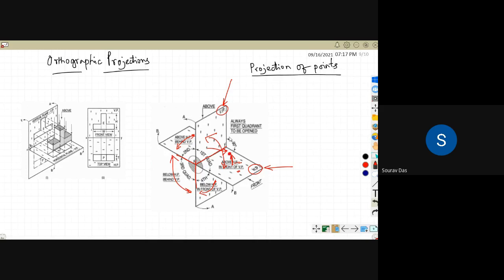So the projection of any object in the first quadrant is known as first angle projection, and the projection of any object in the second or third quadrant will be different. In the Bureau of Indian Standards, the recommended one is first angle projection.